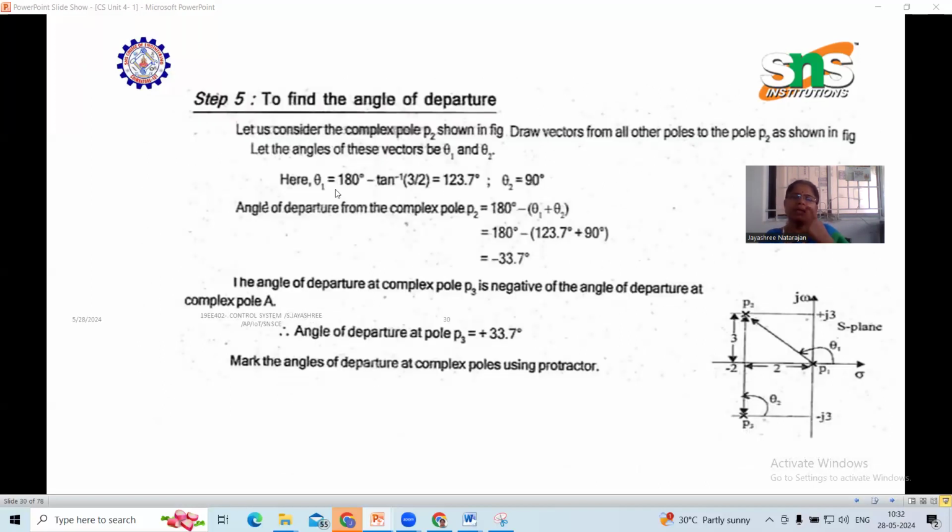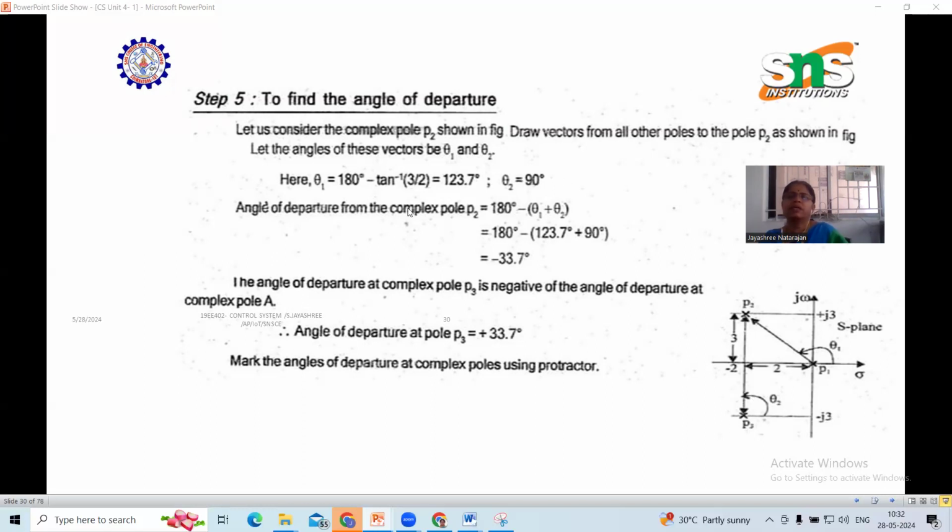Next is to calculate the angle of departure. The formula is 180 minus tan inverse of 3 by 2. For this pole number 2, height is 3, width is 2. So 3 by 2 gives 123.7 degrees for theta 1. For theta 2, it makes an angle of 90 degrees.